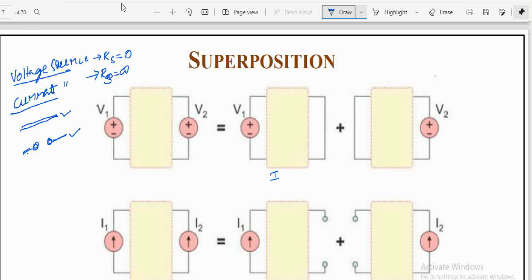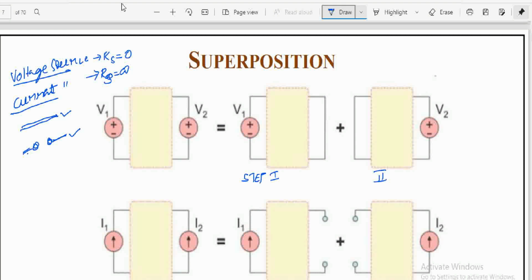This is step 1. In step 1, what you have to do is consider only one source, and the other sources are replaced with their internal resistances. Here you have two sources, both voltage sources, so V2 is replaced with a short line.